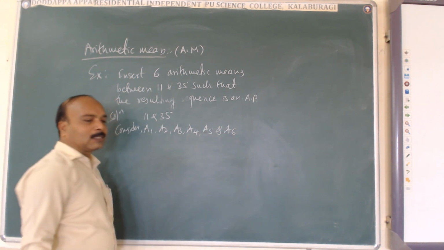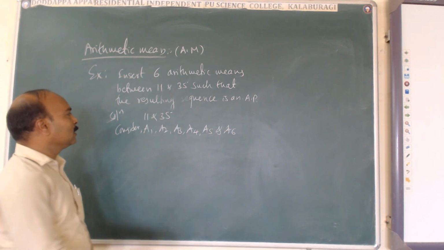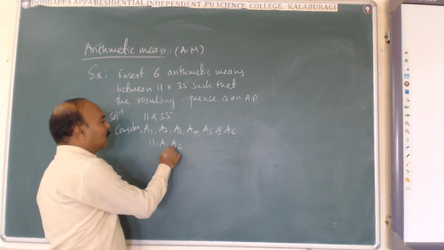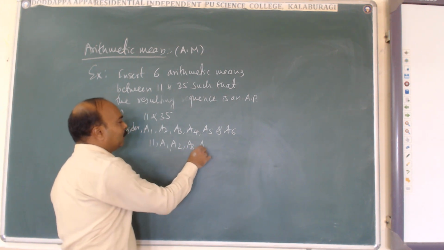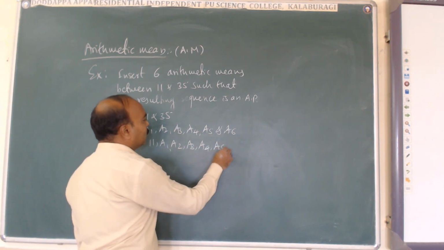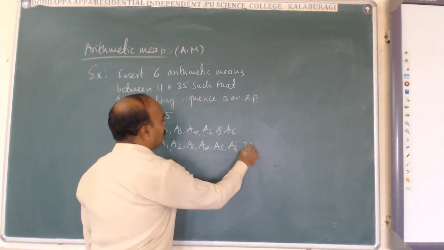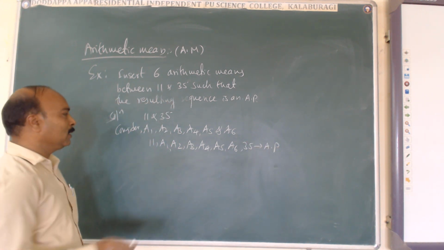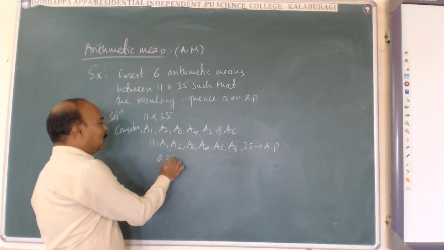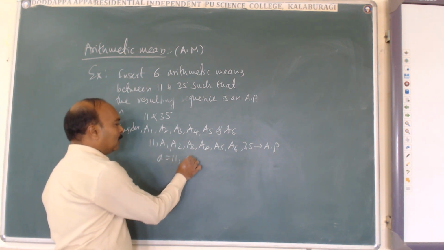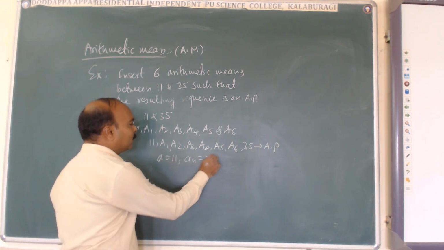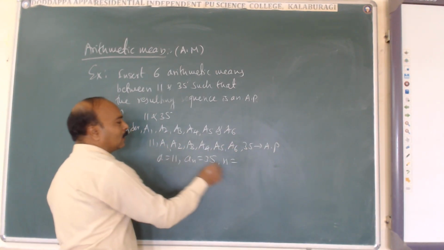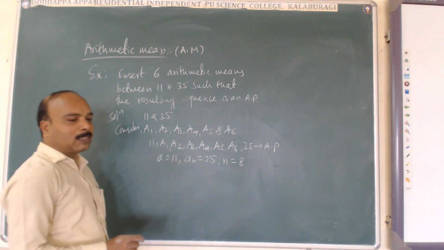These are 6 arithmetic means between these two integers. Then automatically 11, a1, a2, a3, a4, a5, a6, 35 are in arithmetic progression. They form AP. Here clearly a is 11 and an is 35 and n is, these 6 numbers including these two, totally 8. n value is 8.